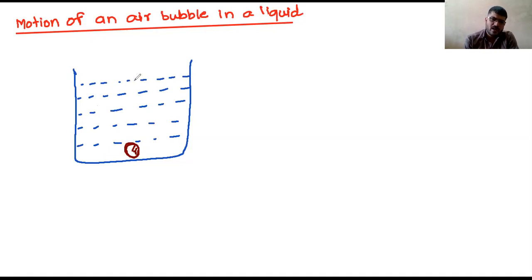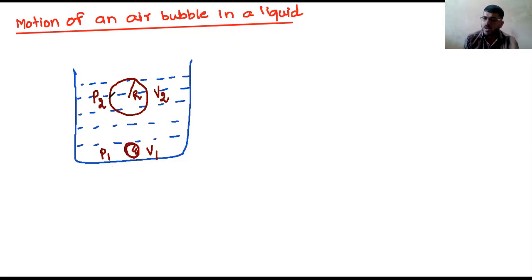When it is coming up, its size becomes a little bigger, and let us assume that its radius is capital R. Here it has volume V1, and here it has volume V2. Similarly, let us assume that here it has pressure P1, and when it comes to the surface, it has pressure P2.